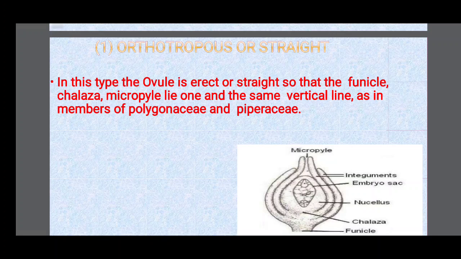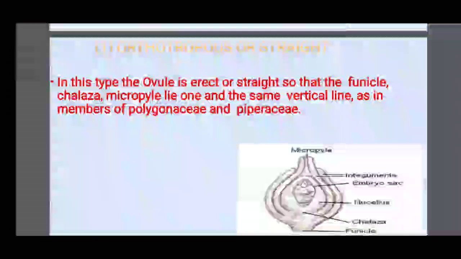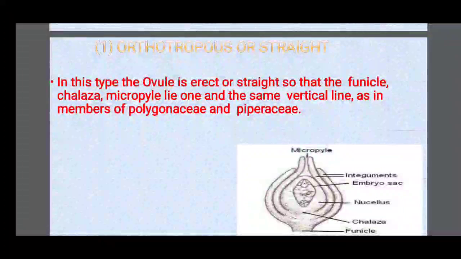The first one, orthotropous or straight ovule. In this type, the ovule is erect and straight, so that the funicle, chalaza and micropyle lie on the same vertical line, as in members of Polygonaceae and Piperaceae.